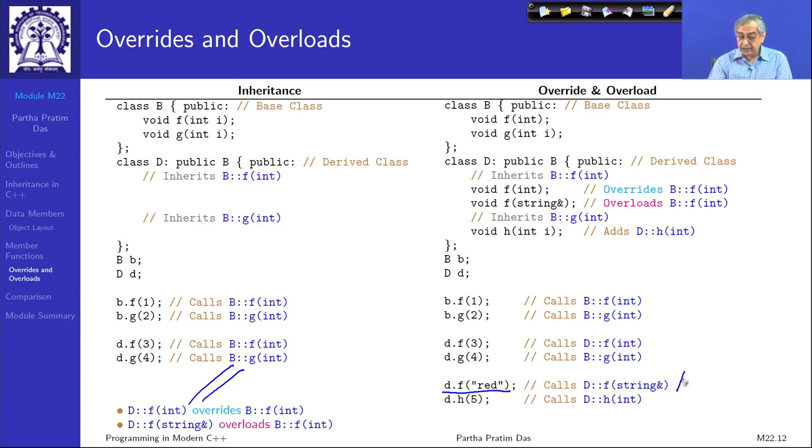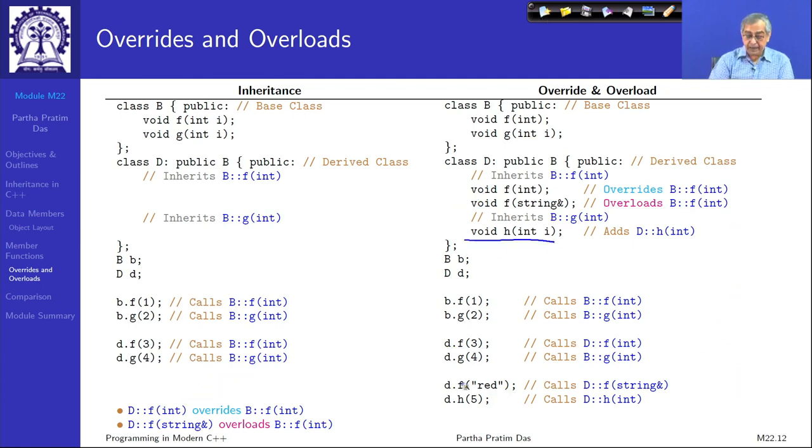So, naturally this is going to call the function in D, because in B no such function exists, and this is the case of overload, because a different signature, different from what B had defined, is being used. So, by overload I will be able to call this function.